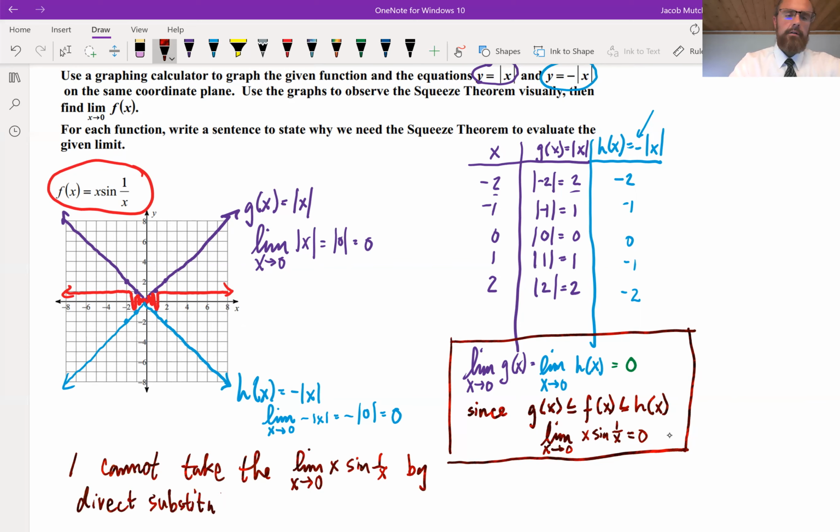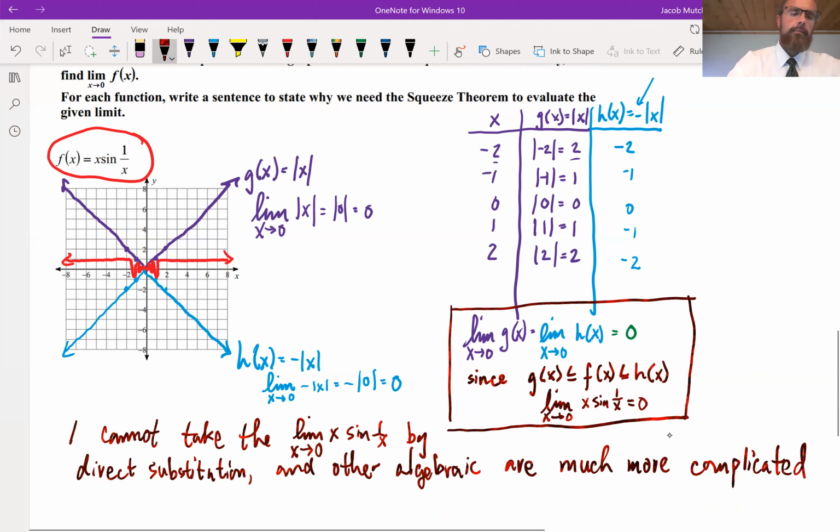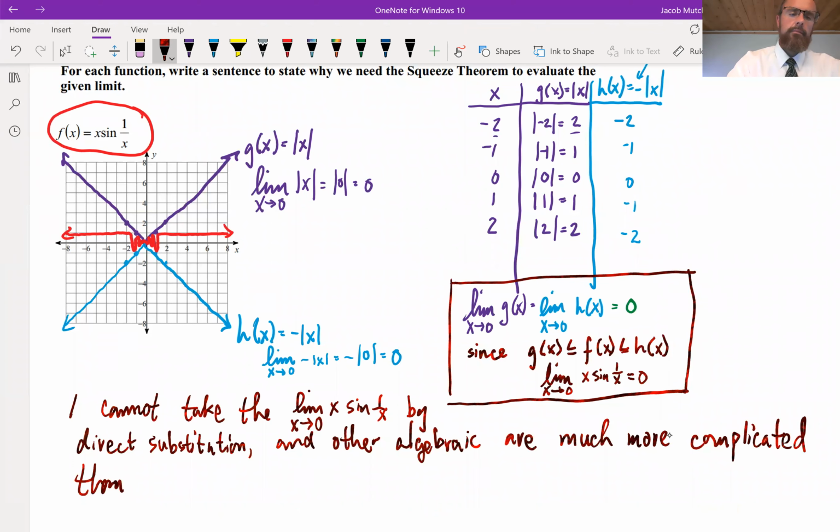and other algebraic strategies are much more complicated than simply applying the squeeze theorem, or again, another name, the sandwich theorem.